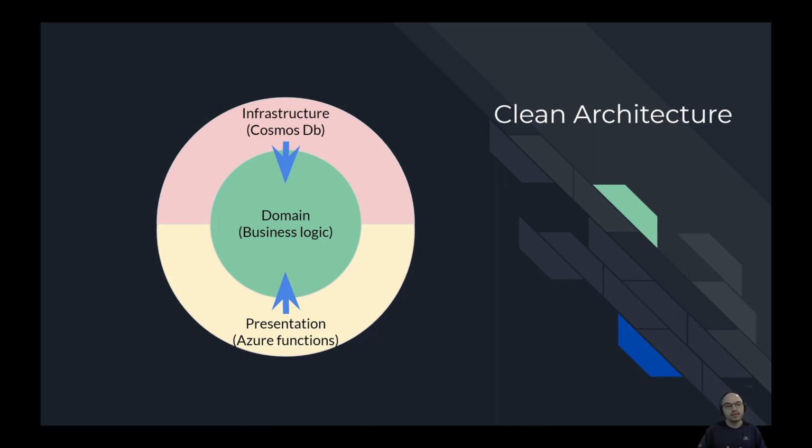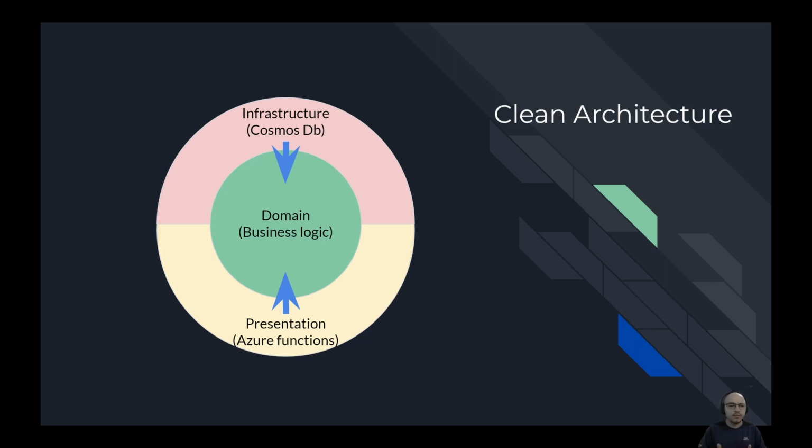So in our case, infrastructure will be Cosmos DB as a data access layer. For our presentation, we have Azure Functions because that's how we will expose the backend to the internet. And of course, you can have other layers here that connect to the domain.